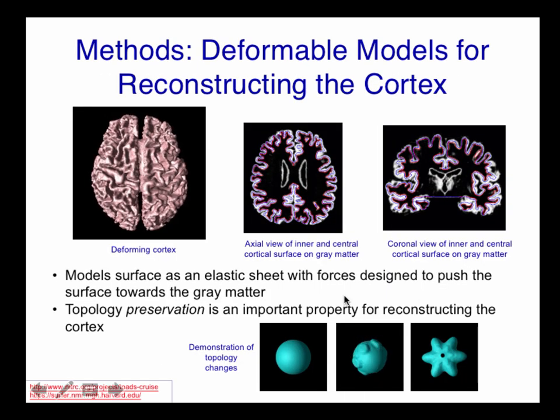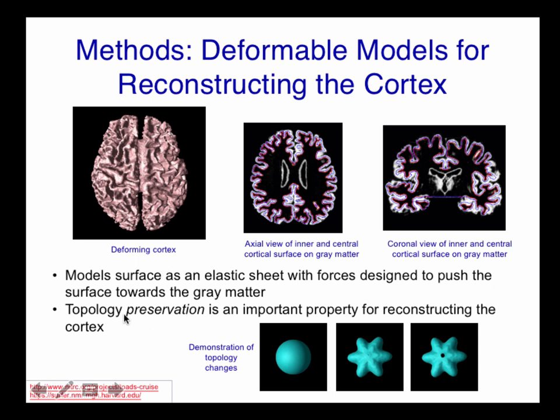One of the major applications of deformable models is in reconstructing the cerebral cortex. I'm showing you what it looks like when one of these meshes or deformable surfaces is deformed to find the cortex. It's going in between the white matter surface and the gray matter surface. You can visualize this within the images; in this case, the underlying image is a representation of gray matter, and these contours are representing the different surfaces.